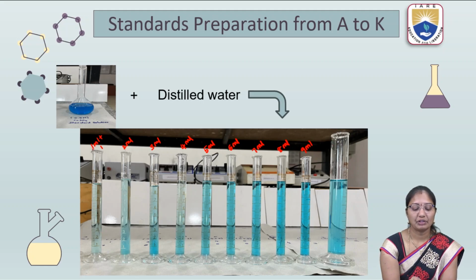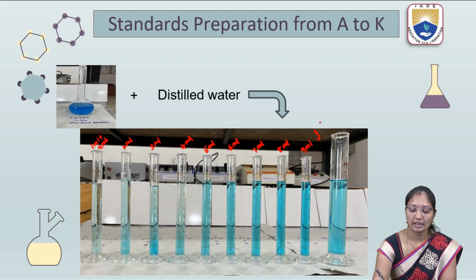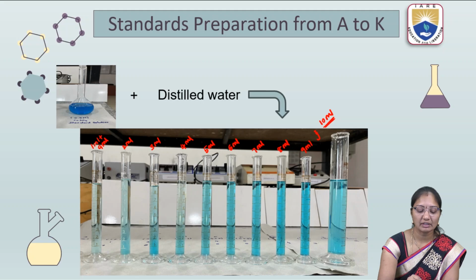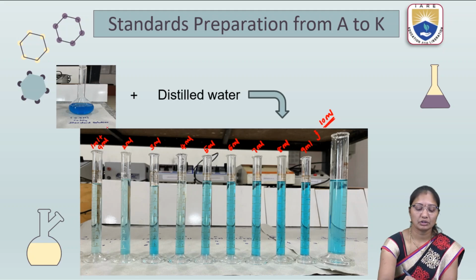All the solutions have to be prepared to 10 ml. So, if we take 1 ml of copper sulfate, it has to be mixed with 9 ml, so the total volume is 10. If it is 2 ml, we add 8 ml, so the total volume here is also 10.